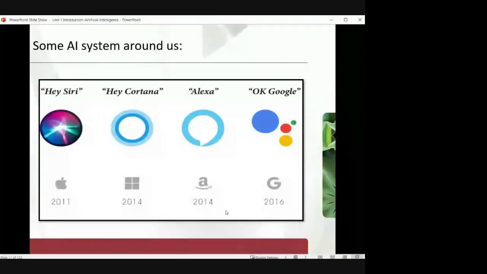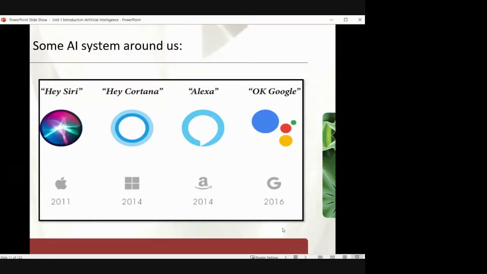Now we will see what this term itself says, but before that, some AI systems around us, as we have already discussed: Siri in 2011, Cortana is again a kind of virtual assistant by Microsoft, given in 2014, and Amazon gave Alexa in 2014.